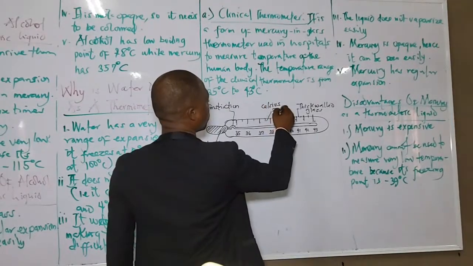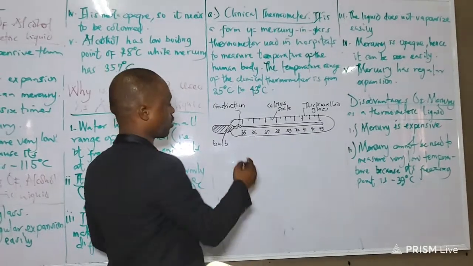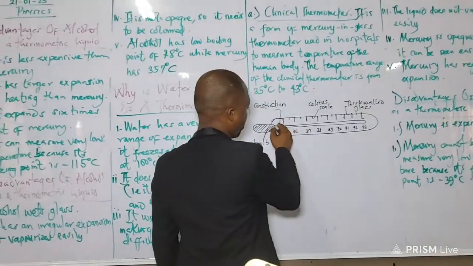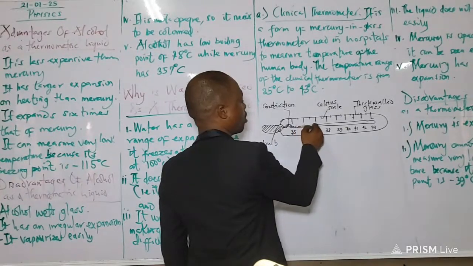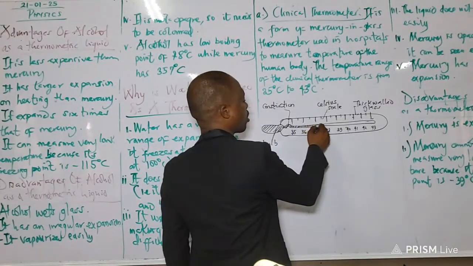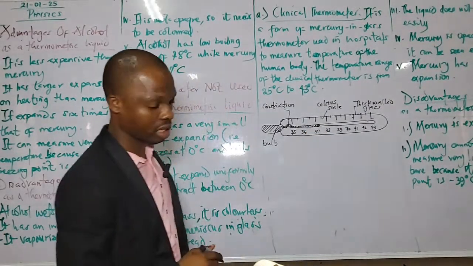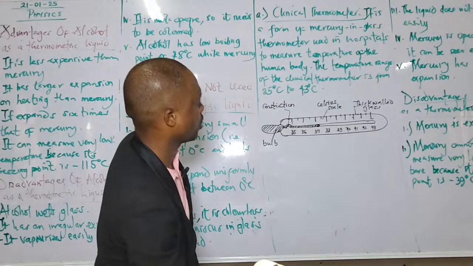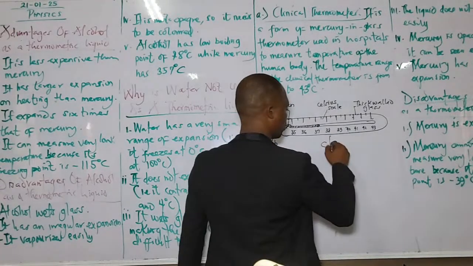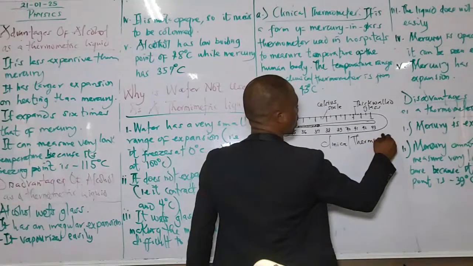And there is the mercury column. This is the meniscus of the mercury at 37 degrees Celsius. So this is a clinical thermometer.